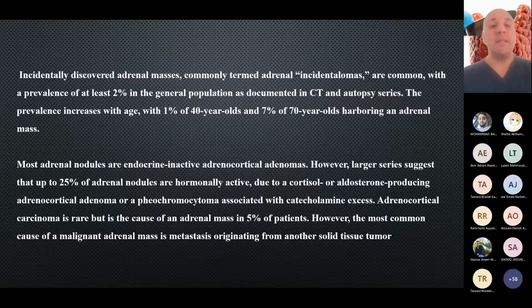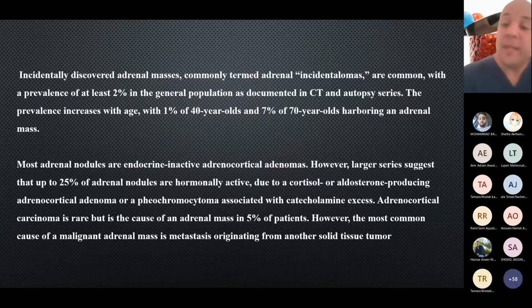طيب, let us take a look at this slide which حقيقة summarizes what we have been talking about. احنا بنحكي انه an incidentally discovered adrenal mass, incidental, وأوما, is called an incidentaloma, and this is found in 2% of the general population and is discovered incidentally on a CT scan performed for some other reason.